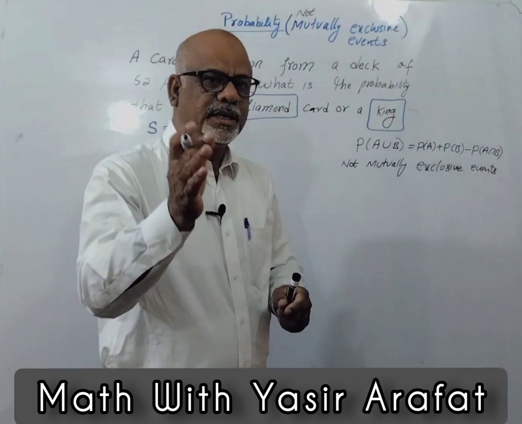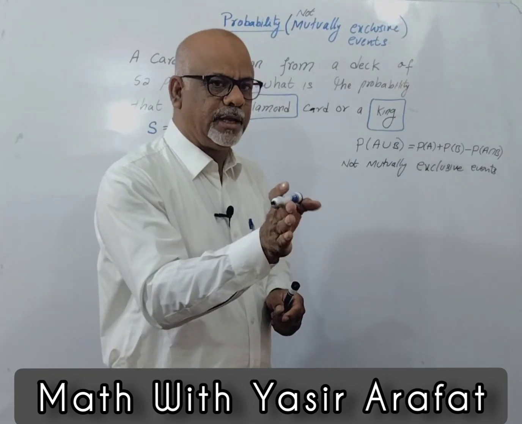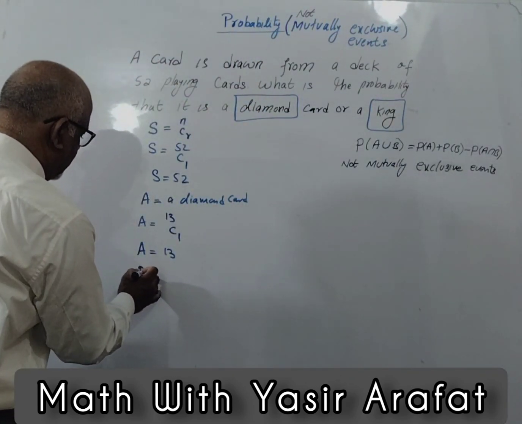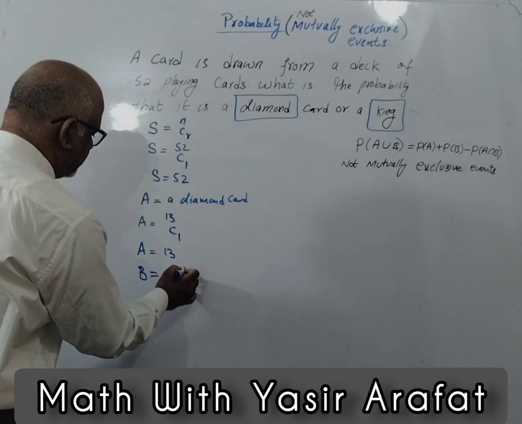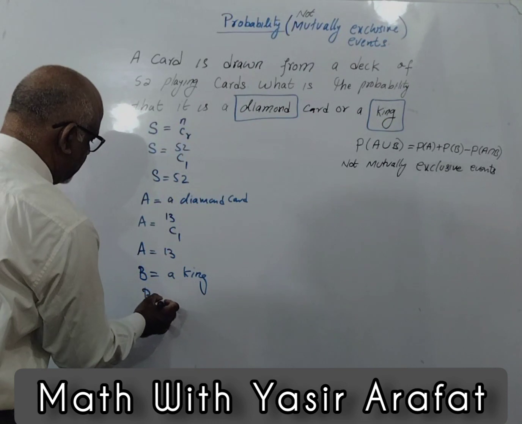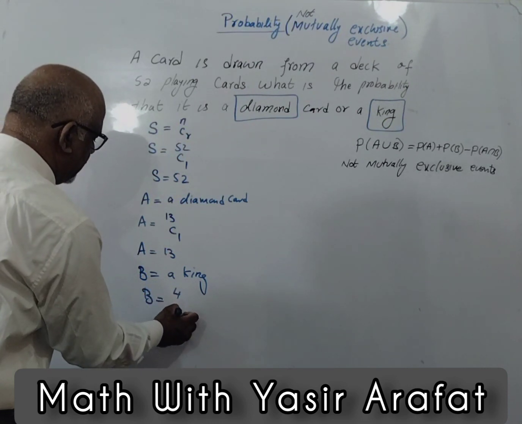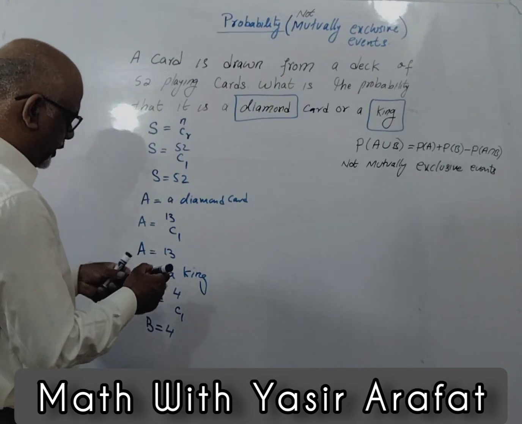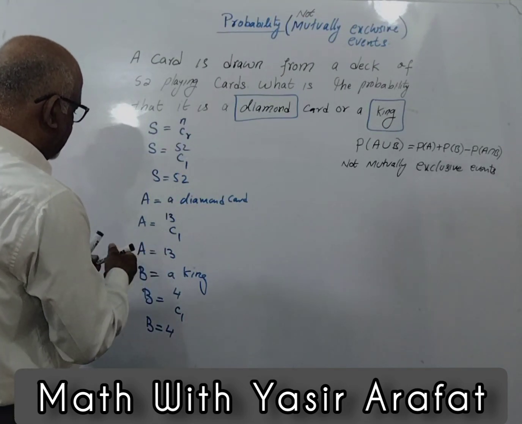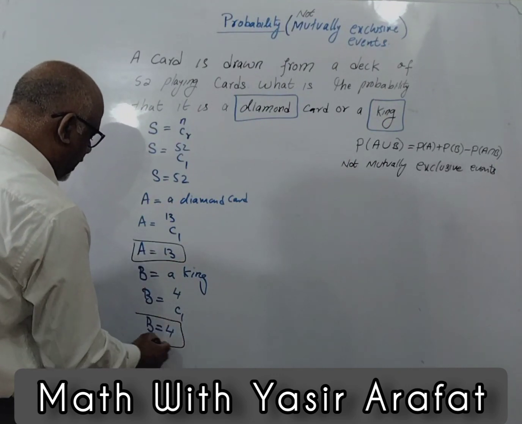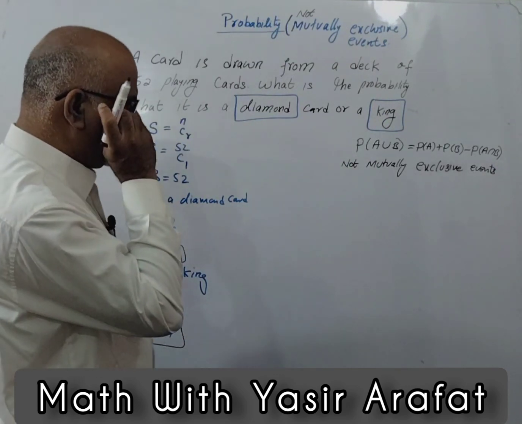King. How many kings are there? There are 4 kings from 52 playing cards. So B is a king. So here 4 combination 1, that means 4. So there are 13 diamond cards and there are 4 king cards.